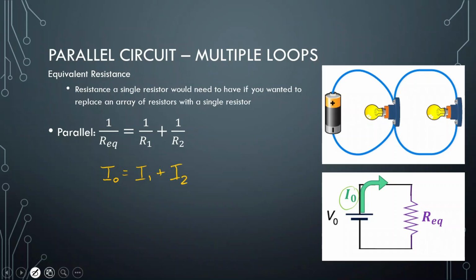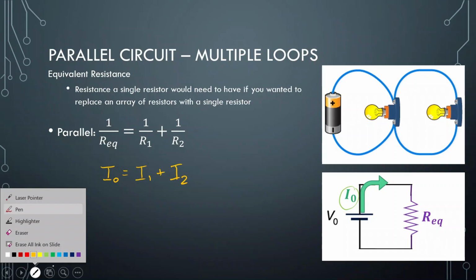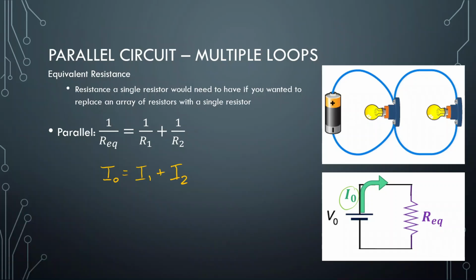Once again, I can write statements for Ohm's law for each component. I0 is going to be V0 over Req, I1 is going to be V1 over R1, and I2 is going to be V2 over R2. I can then take those and plug them into my junction rule.